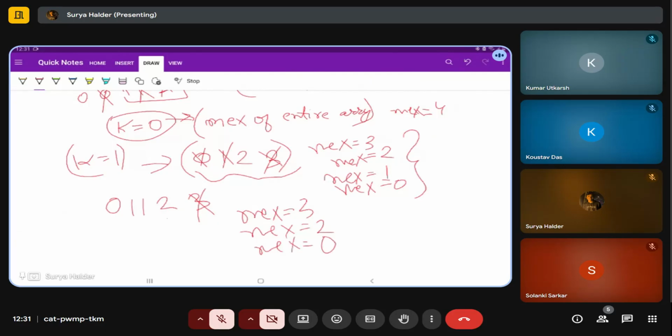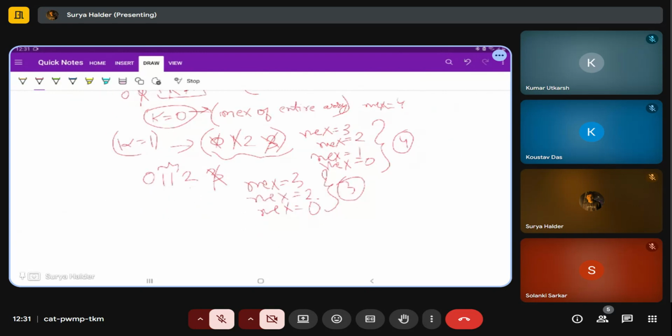Since two ones are present, even if I remove one of the ones, another one can contribute to the max. Correct? That is why over here we got 4, but over here we got 3 unique max.